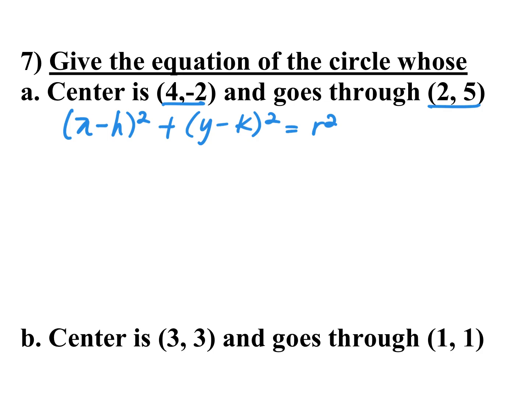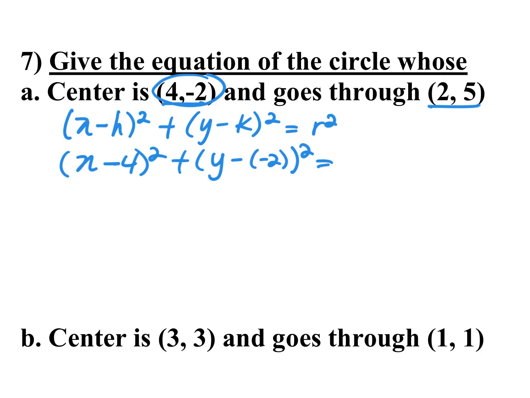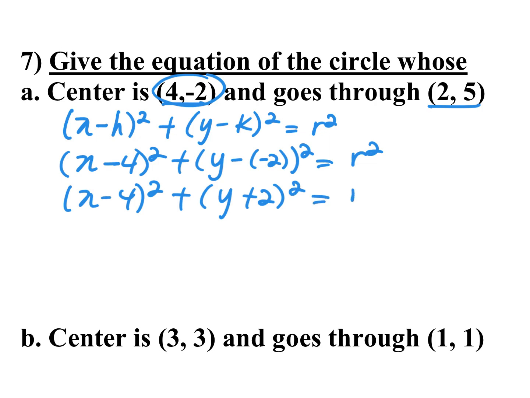Okay, let's start. First, let's put the center in the formula. X minus 4 squared plus y minus 2 squared is equal to r squared. We don't know r squared. Okay, next, let's continue. X minus 4 squared plus y plus 2 squared is equal to r squared.